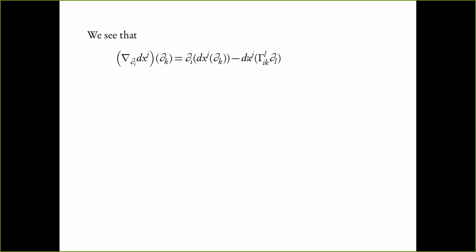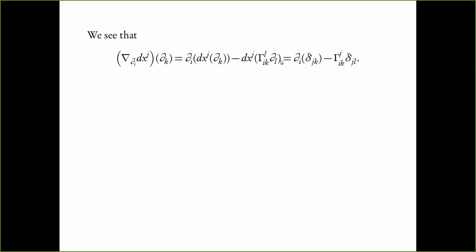Well, this is dxj acting on a function times this, but the function pulls out. So this is dxj acting on del l, right? But dxj acting on del l is also going to be delta jl because it's dual basis. So this is what you're going to get, correct? This is del by del i of the delta function or the Kronecker delta, and this is the Christoffel symbols, but acting on delta jl.